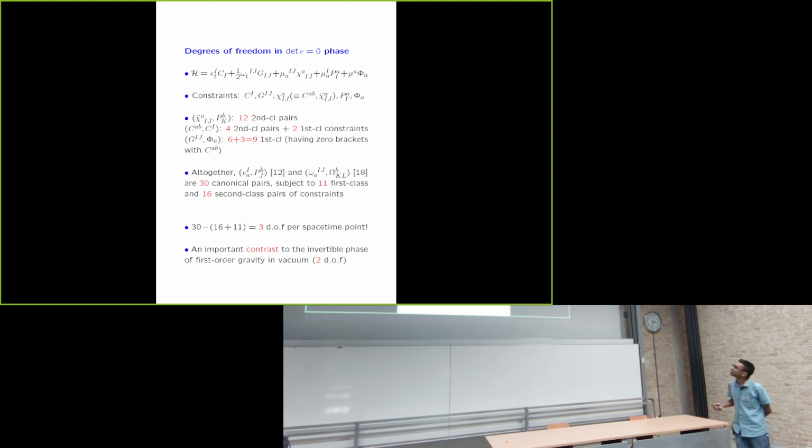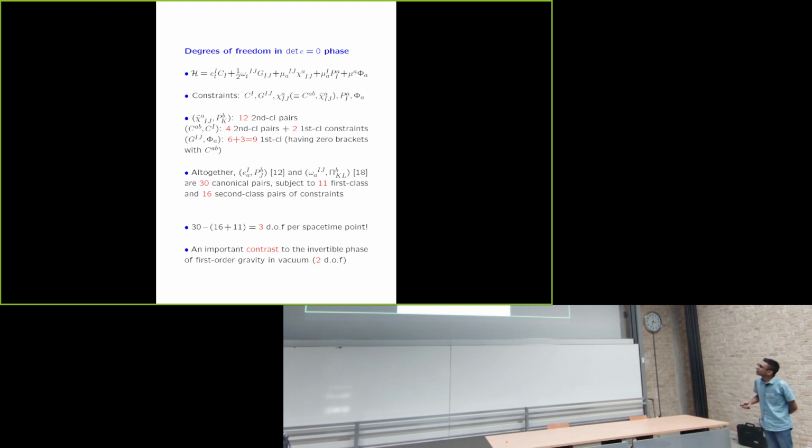So altogether, when you count, there are 30 canonical pairs which come from the tetrad and its momenta and the connection and its momenta, 12 plus 18, which are 30. And then here you have 11 first class and 16 second class pairs.